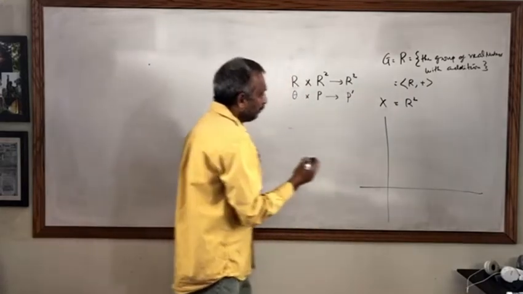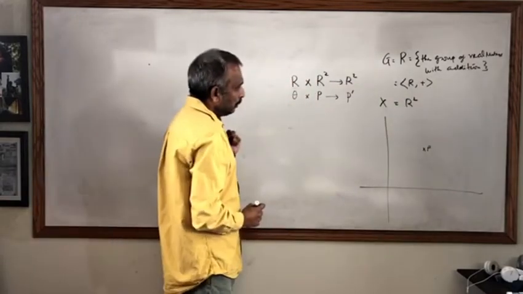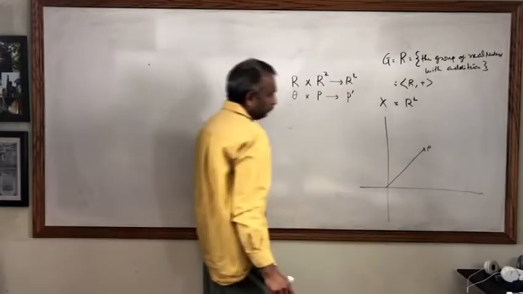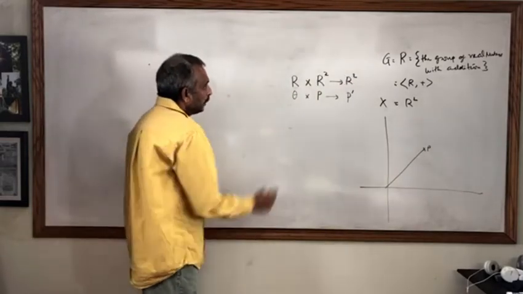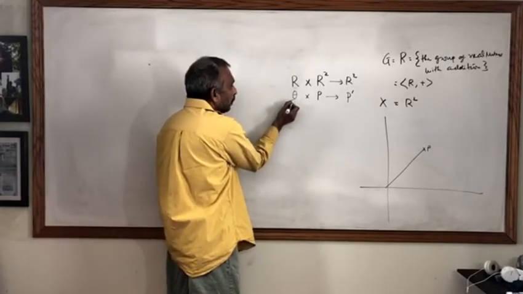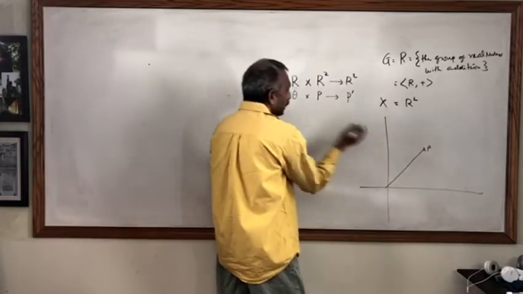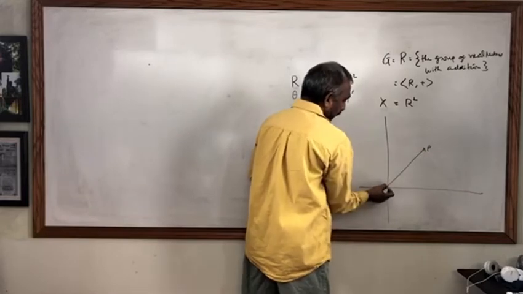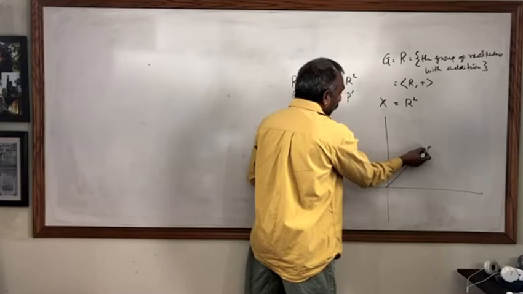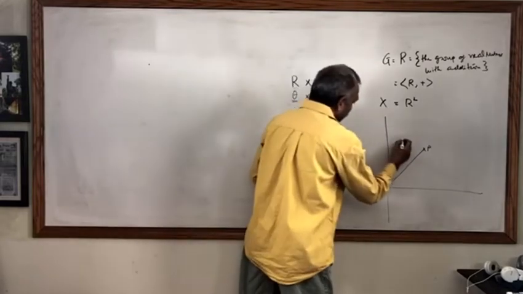The way we are going to define it is, let's take a point P, then you join that point to the origin, then any real number operating on this P will be another point with the same origin, it rotates this many radians.